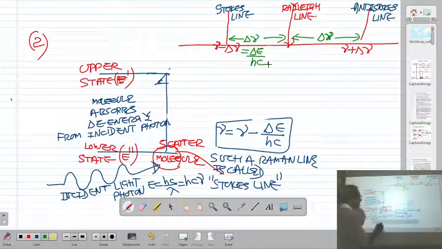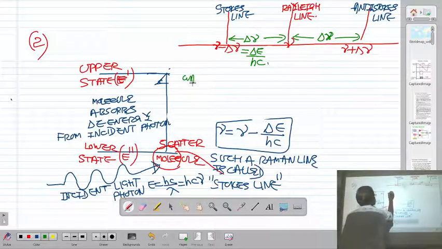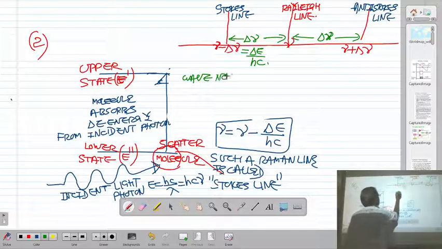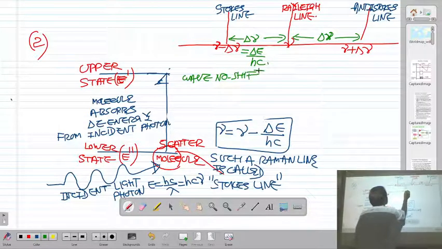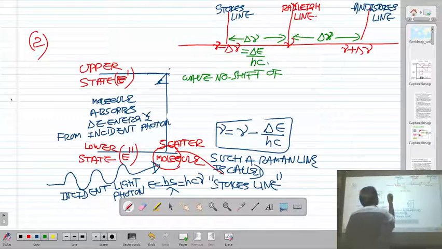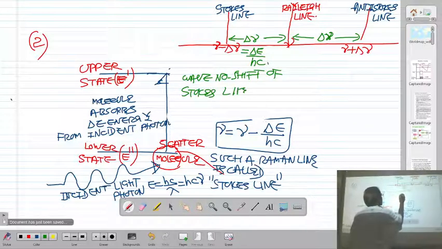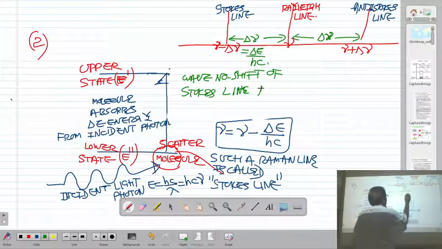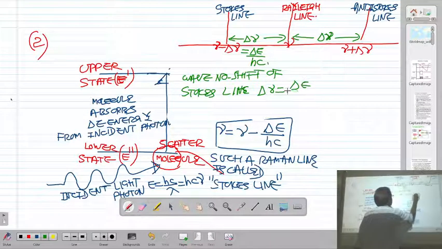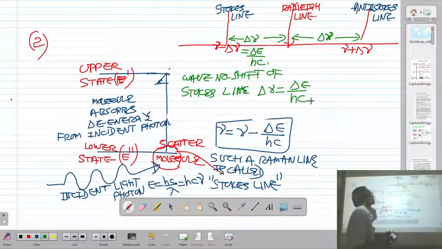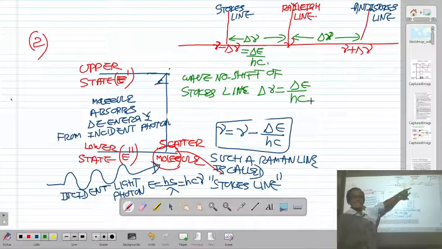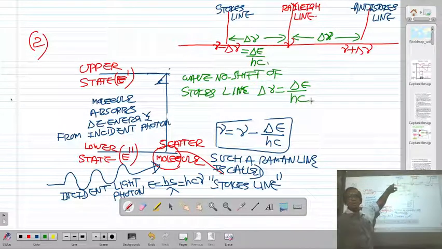So the wave number shift of the Stokes line is delta E upon hc. The wave number of the Stokes line is delta E upon hc less than the wave number of the Rayleigh line.